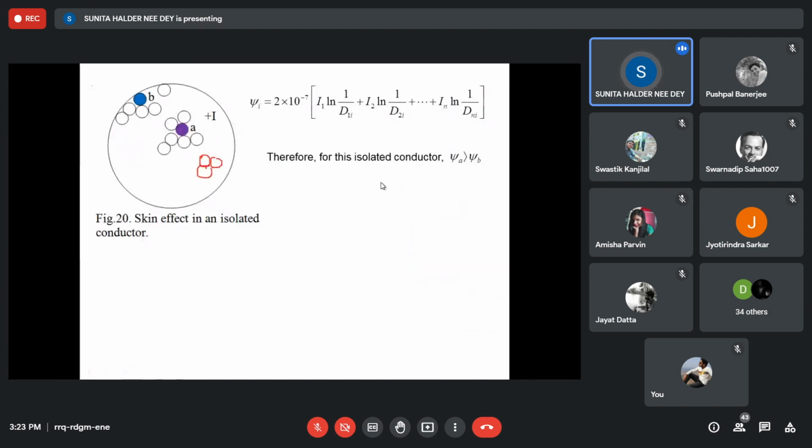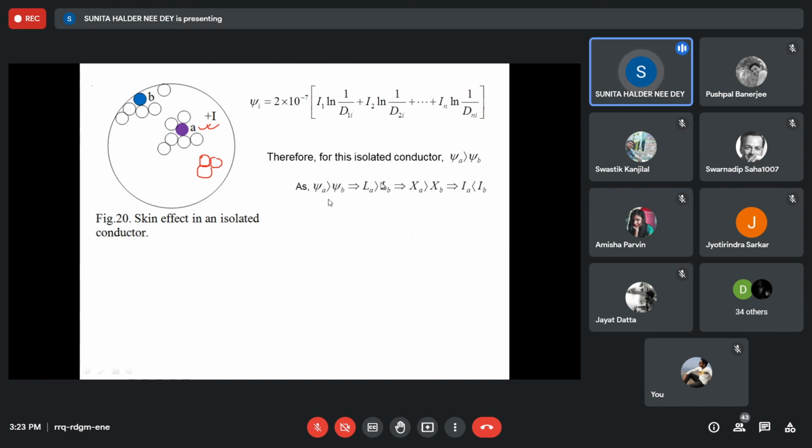Any inner portion is surrounded by several subconductors, as compared to any portion at the outer side, where the number of surrounding subconductors is less. So obviously, if the number of conductors is less, then flux linkage will be lesser. So for these isolated conductors, isolated means there is no other conductor nearby, psi A is greater than psi B.